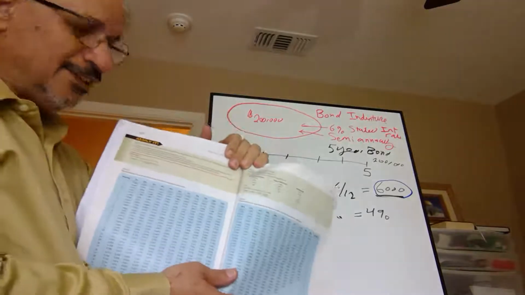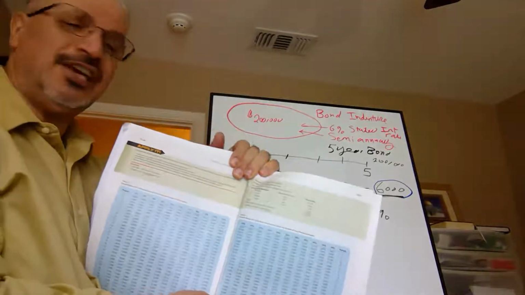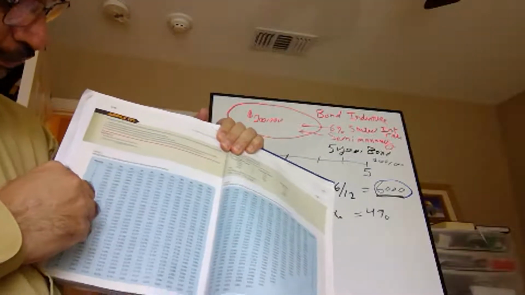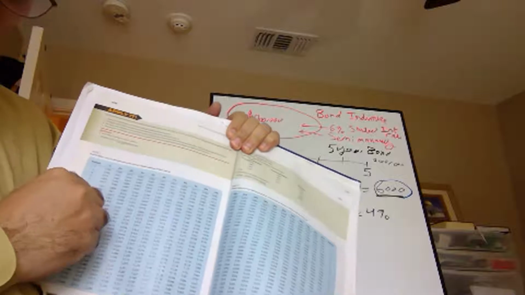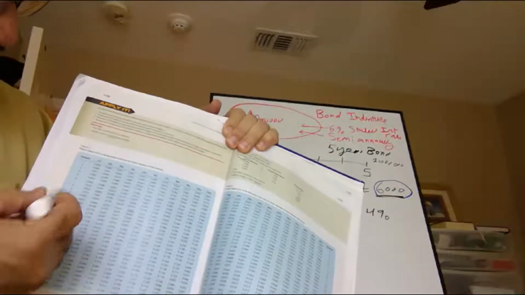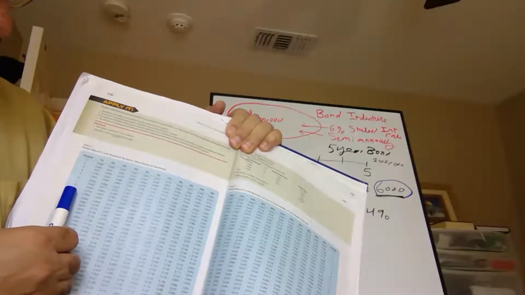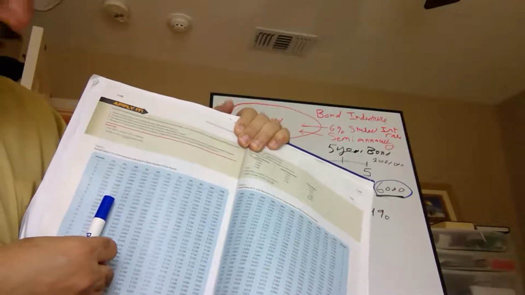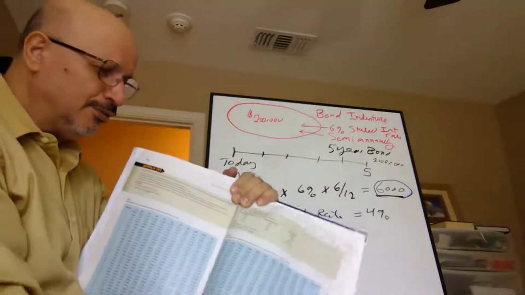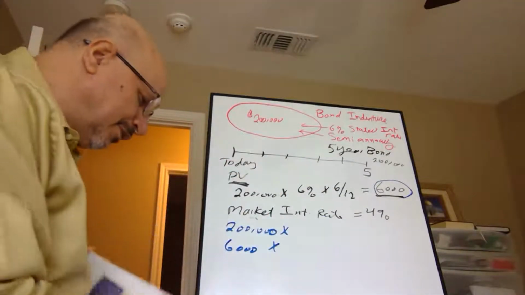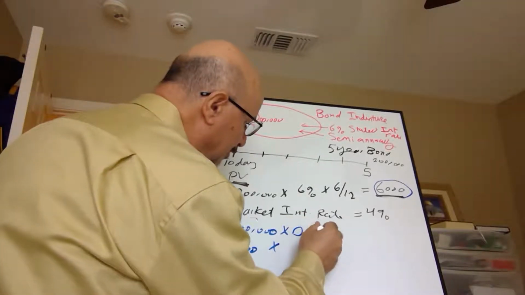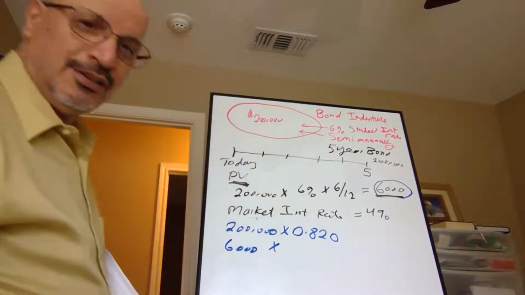So we look at 10 periods and half of the interest rate, 2%. In this case the factor is 0.820. So 200,000 times 0.820.